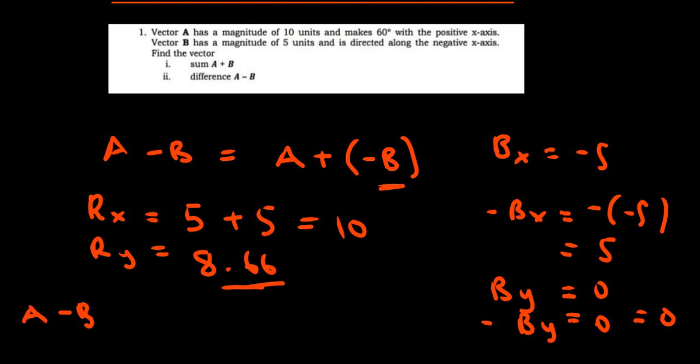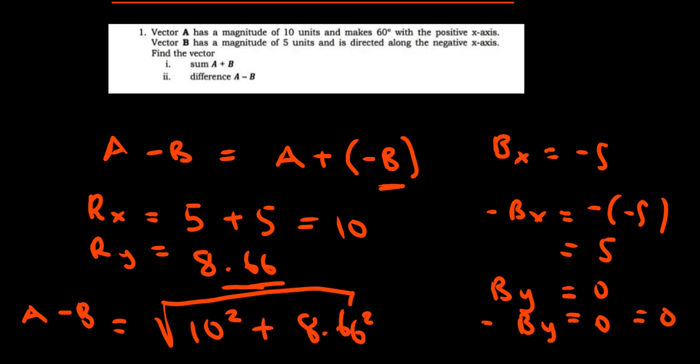So now to find the difference there, a minus b will be equal to, so we will square these resultant components. So it will be 10 squared plus 8.66 squared. So now what does this give us?